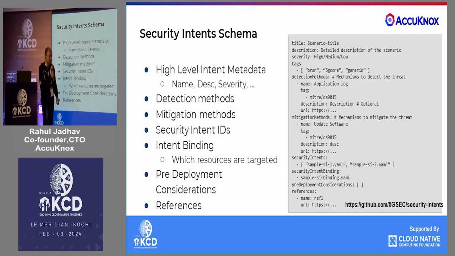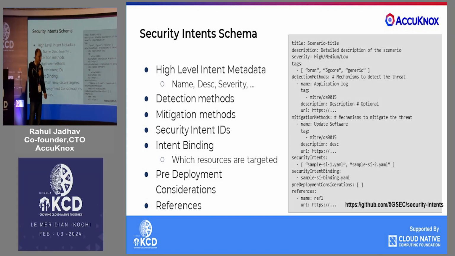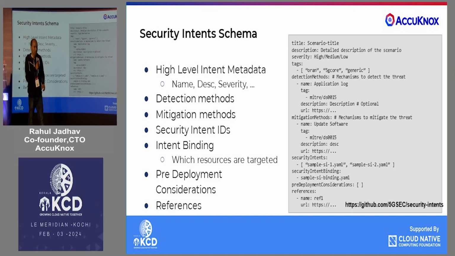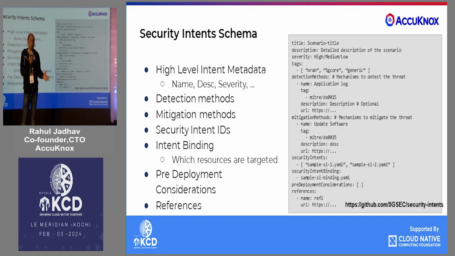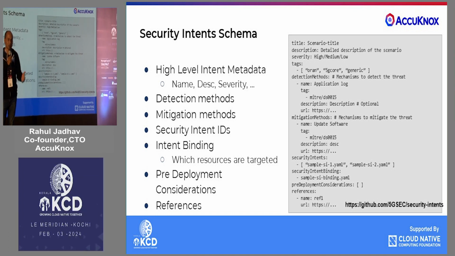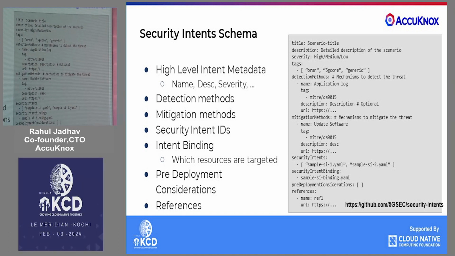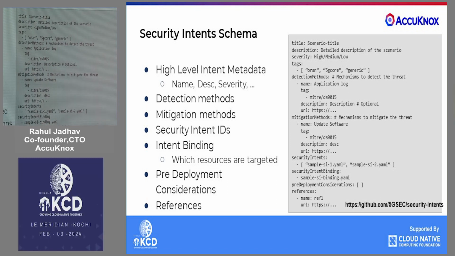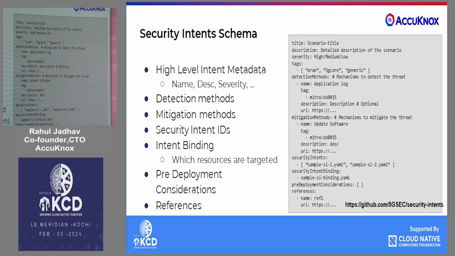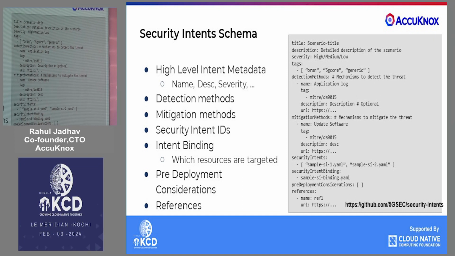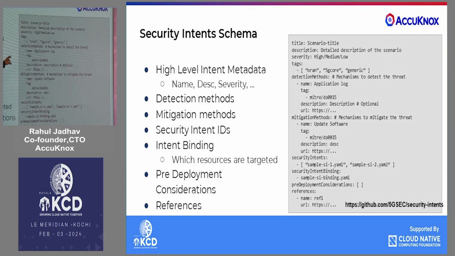This is a security intent schema, and the reason why this schema is important is because we are working with multiple other providers and platforms to create out of the box blueprints, which can be adopted in the context of specific verticals. So if you have to do that, you need an intent schema to be in place. And this is a sample intent schema. I won't go into the details of this, but there is something specific.